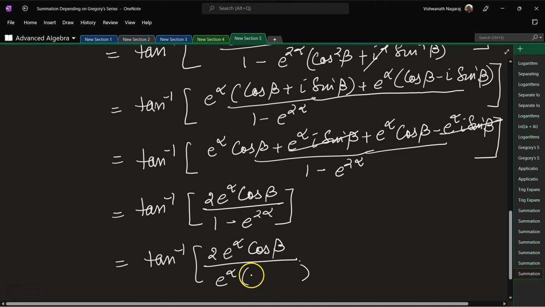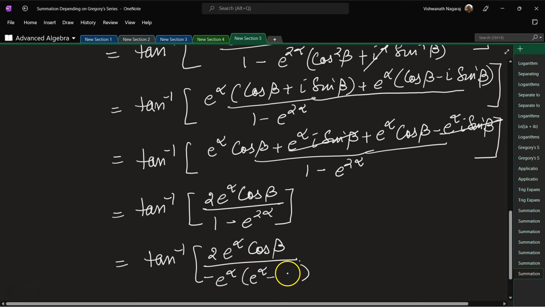So if we take e to the power of alpha out, what do we end up with? We end up with e to the power of minus alpha minus e to the power of alpha. But we want it in the reverse order. We want e to the power of alpha minus e to the power of minus alpha. So we take minus out as well.